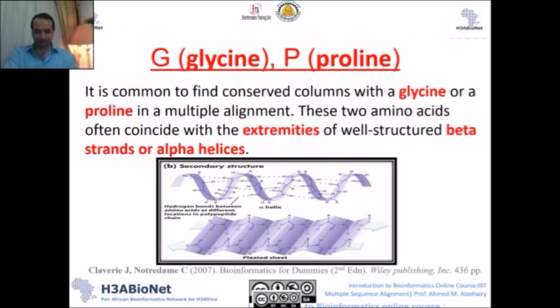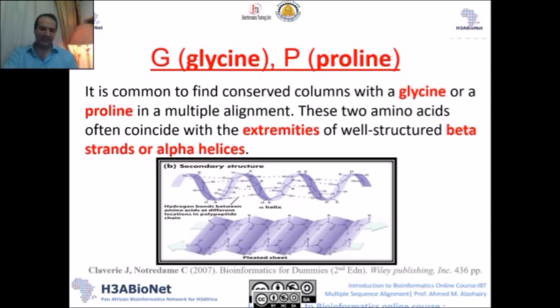Glycine and proline: it is common to find columns of glycine and proline in the multiple sequence alignment, and they are usually at the extremities of a beta strand or alpha helix. So if you look at your multiple sequence alignment and find these 2, you can guess that this could be at the extremities of the beta strand or alpha helix.